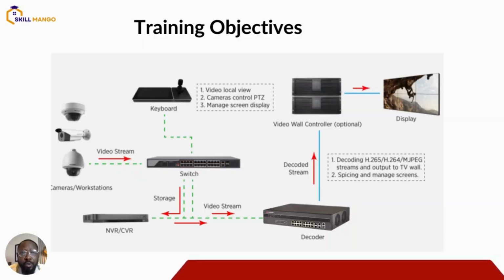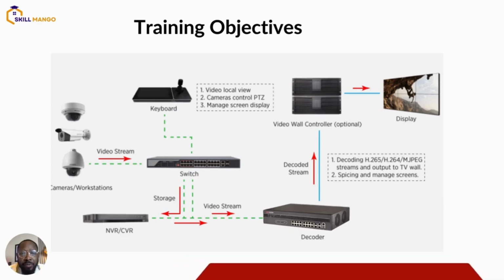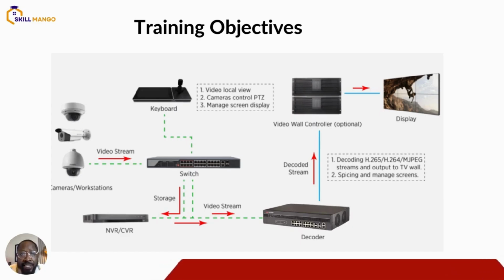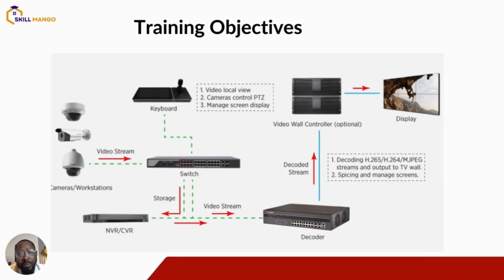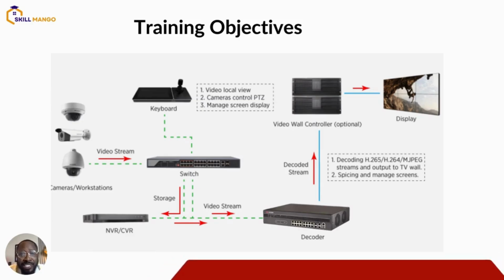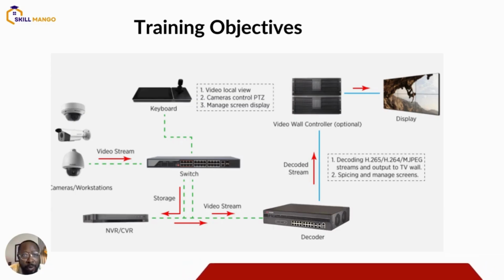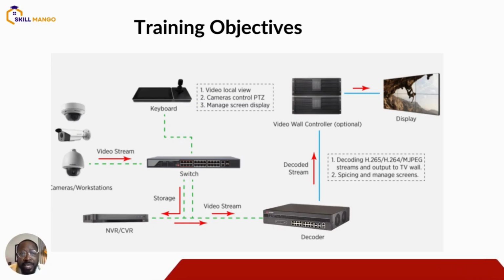In this training, we'll show you how to set up and understand the basic wiring configuration for your CCTV control room. In case you find yourself in a very big organization, very big company that has a different setup, you have to be able to understand what they did, like how they link all the devices together, just by looking at the topology and how to interpret all the diagram and the devices.